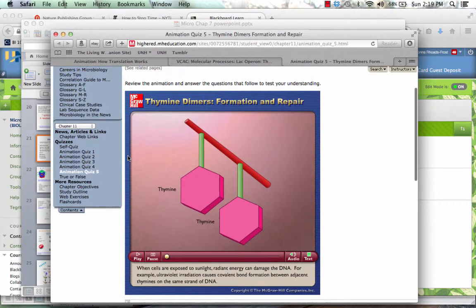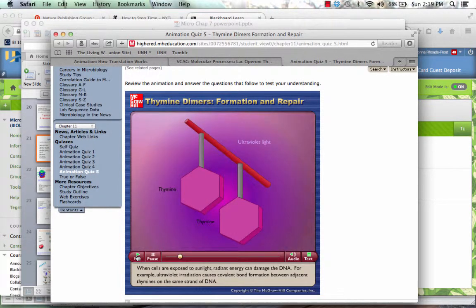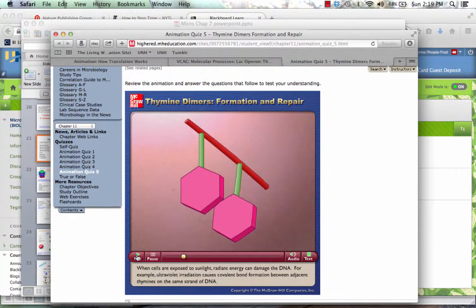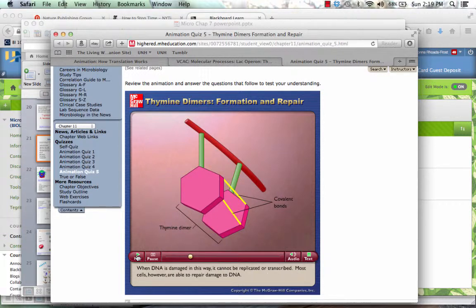Thymidine is a base. A dimer means there's two of these, and they're going to become connected together through the action of UV rays. When cells are exposed to sunlight, radiant energy can damage the DNA. For example, ultraviolet irradiation causes covalent bond formation between adjacent thymines on the same strand of DNA. When DNA is damaged in this way, it cannot be replicated or transcribed.